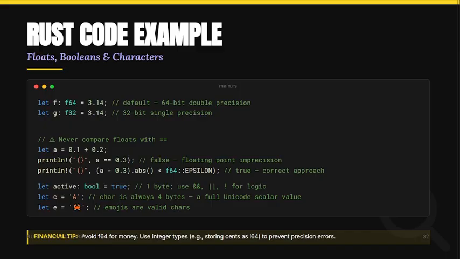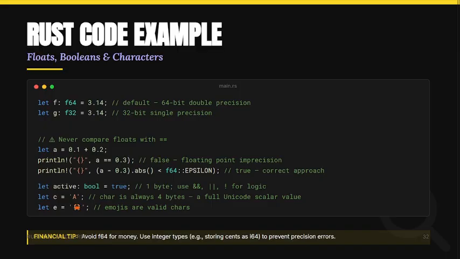So a equals 0.3 is false. The correct way to compare floats is to check that the difference is smaller than f64::EPSILON, a tiny constant representing the smallest meaningful difference.